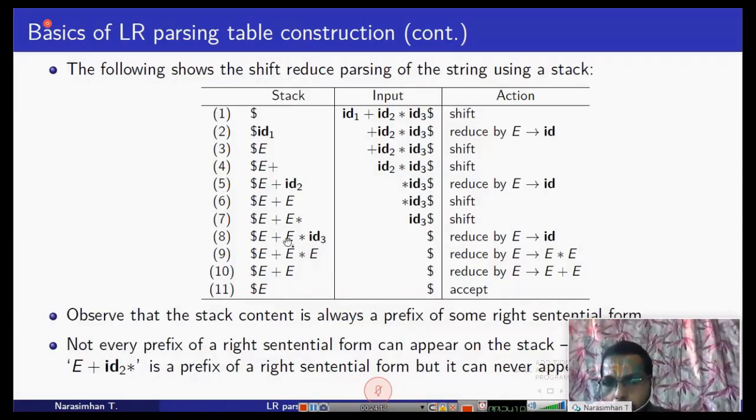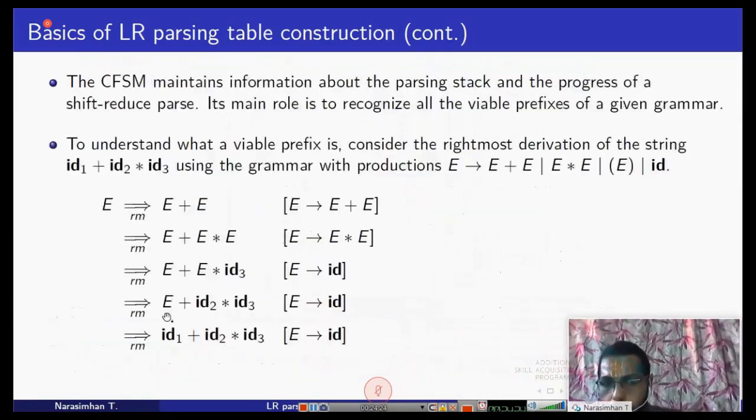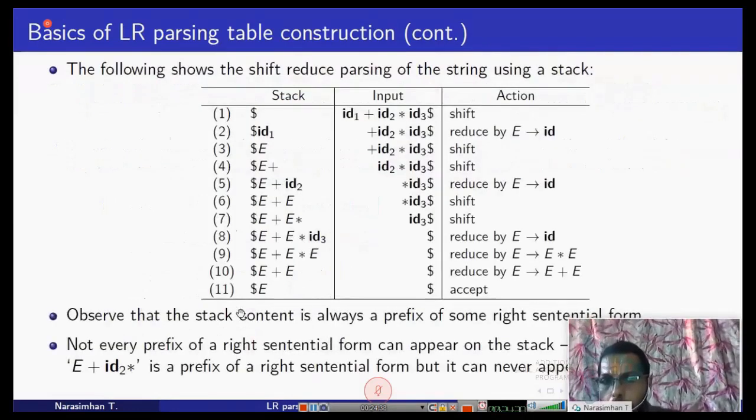For example, you take this particular right sentential form, E plus ID2 star ID3. You find that you have a prefix for this form, E plus ID2 star. E plus ID2 star is a prefix of this particular right sentential form, and you find that that particular prefix never occurs in the stack. Why?